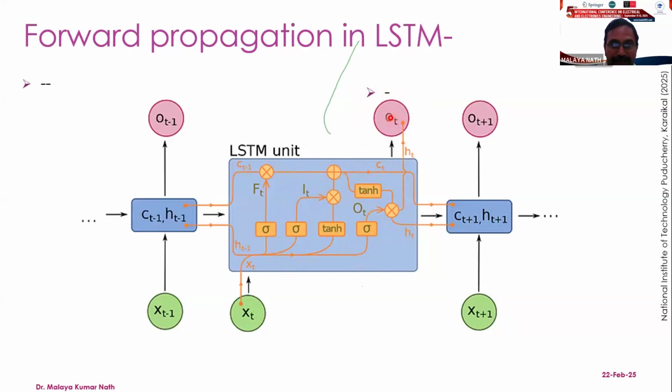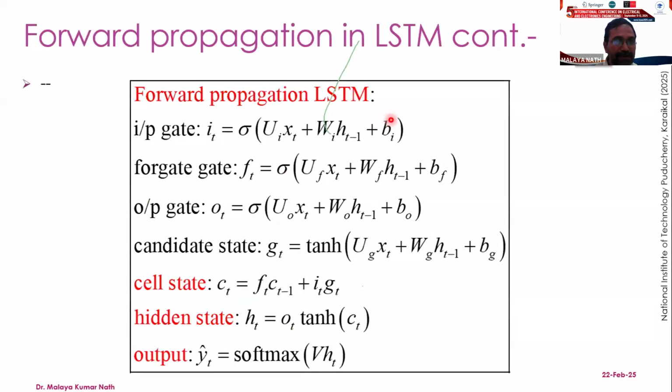We can represent this with the help of mathematical representations, which are summarized here. If we look into the forward propagation of this LSTM network, the input gate, as we have discussed, IT is equal to the sigmoid of UI XT plus WI H of t minus 1 plus BI, whereas the forget gate is nothing but U of F XT plus W of F H of t minus 1 plus B of F, and the output gate is equal to U XT plus W H of t minus 1 plus BO.